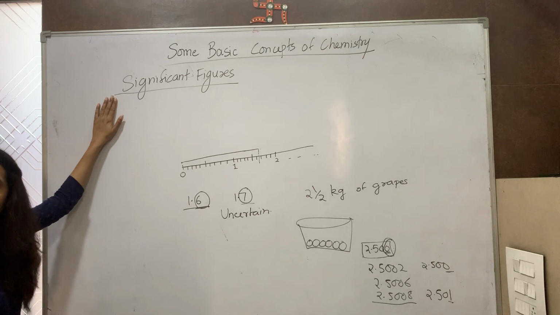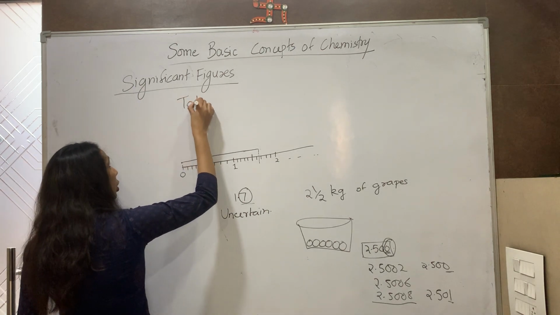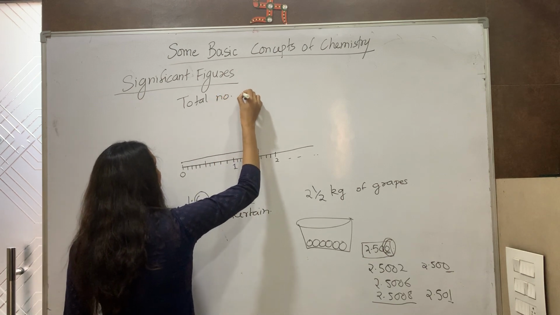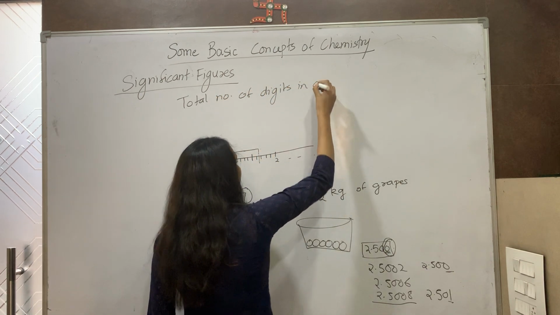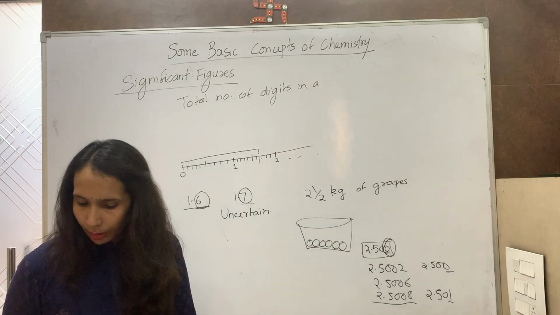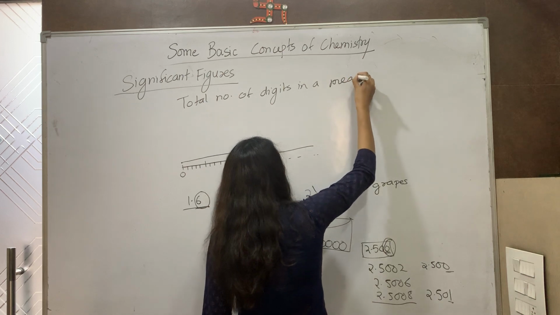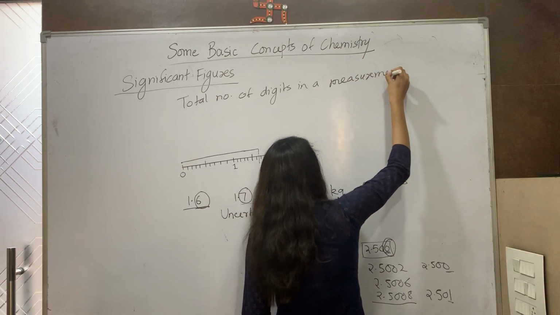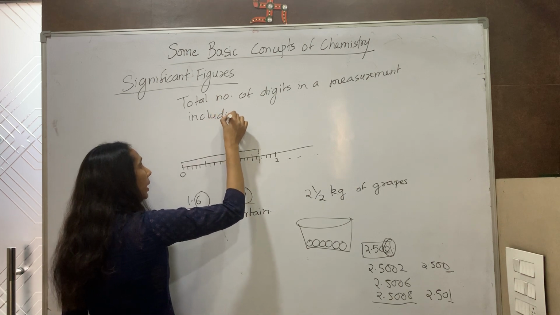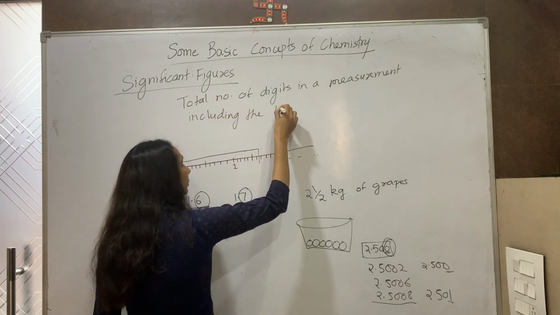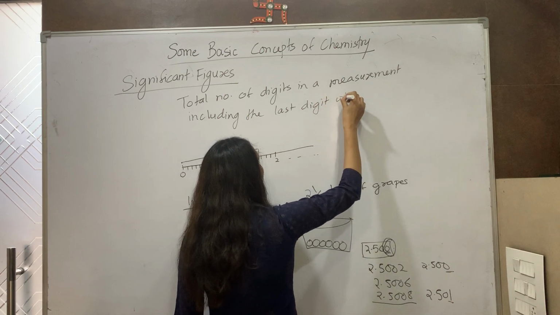Now, what are significant figures? The significant figures are total number of digits in a measurement including the last digit which is uncertain.